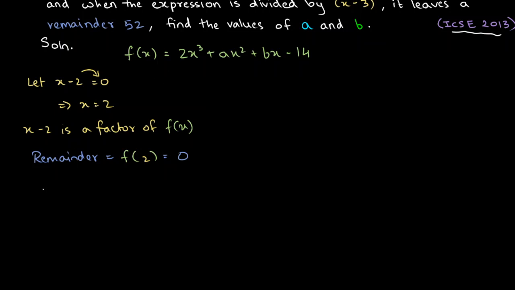Now f of 2 is basically the value of 2 instead of x in f of x. So it's going to become 2 times 2 cubed plus a into 2 squared plus b into 2 minus 14, and this is equal to 0.